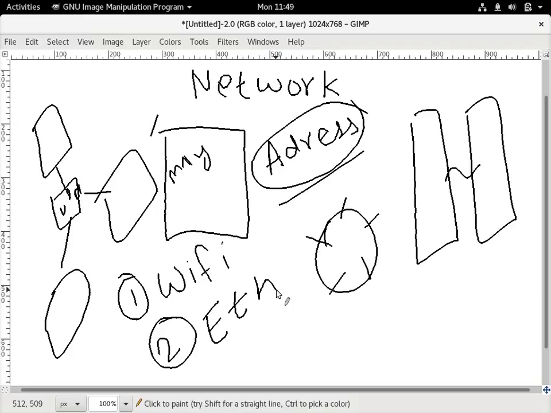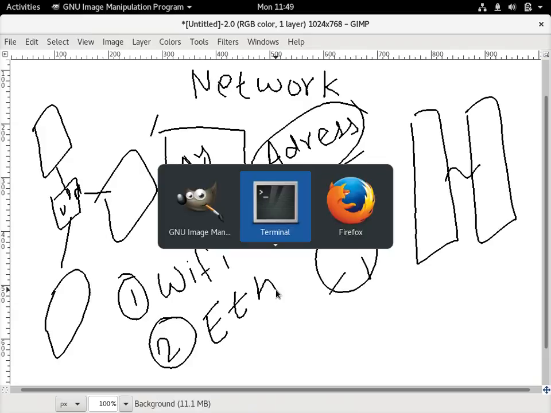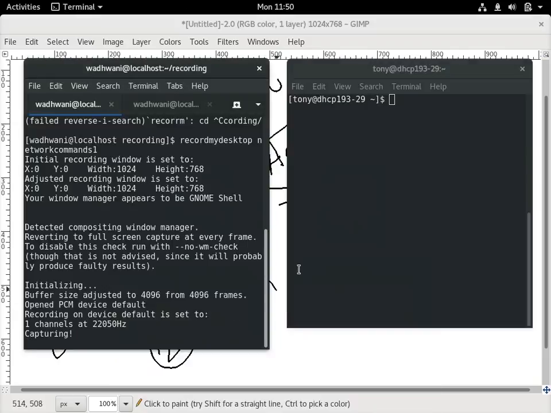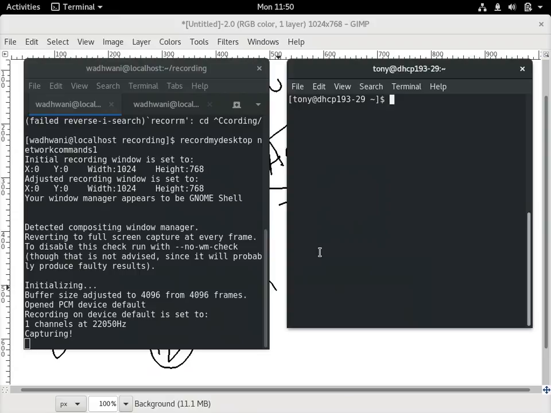Now let's try to understand how these interfaces look when we talk about addresses. So for example, I'll go to a machine and I run a command called ifconfig. Ifconfig is the command which gives me the information.